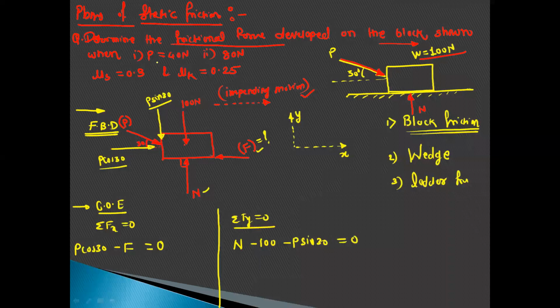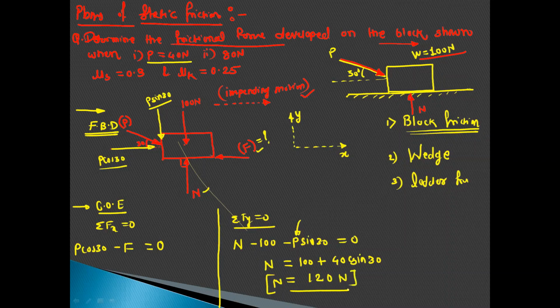Now in the question, the force P is given, which is equal to 40 Newton. This is the first case. So put the value of P as 40 Newton, and you will get the value of N. N is equal to 100 plus 40 sin 30. This is 1 by 2, so this is 20 and 120. So the normal reaction N is equal to 120 Newton.